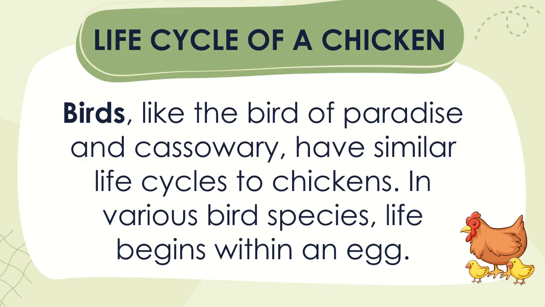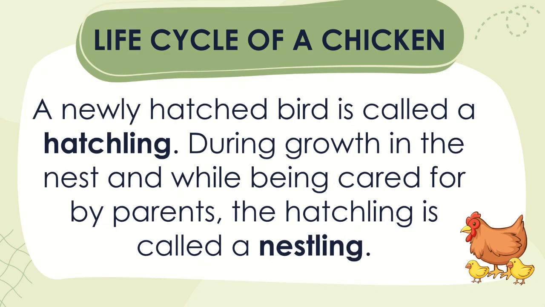Birds, like the birds of paradise and cassowary, have similar life cycles to chickens. In various bird species, life begins within an egg. A newly hatched bird is called a hatchling. During growth in the nest and while being cared for by parents, the hatchling is called a nestling.